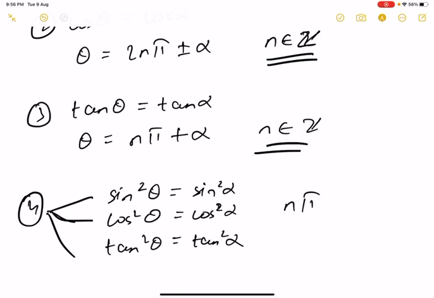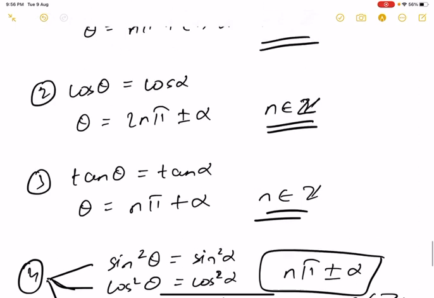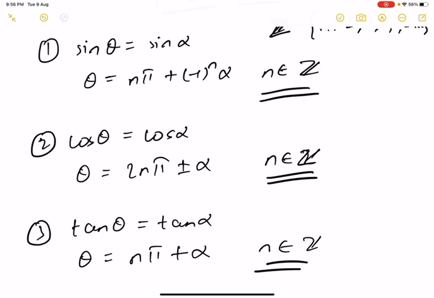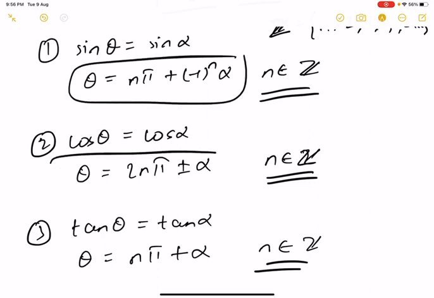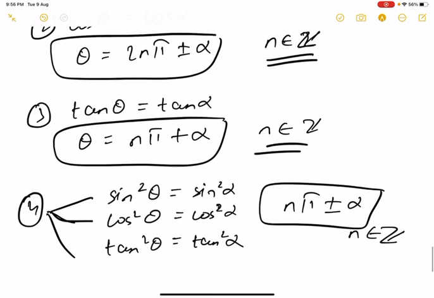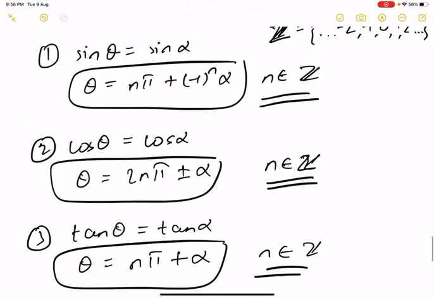It is just n pi plus minus alpha, n belonging to integer. So technically speaking, you just have to learn 4 formulas. So this is your first, this is your second, this is your third, and this is your fourth. Just 4 formulas. Now, examples have been taken in class.